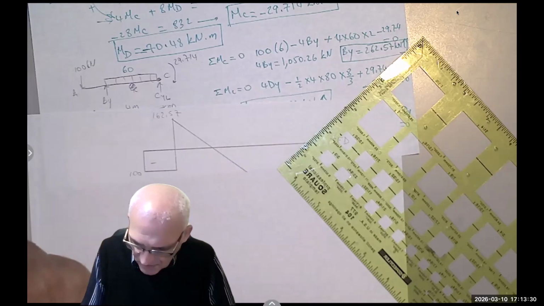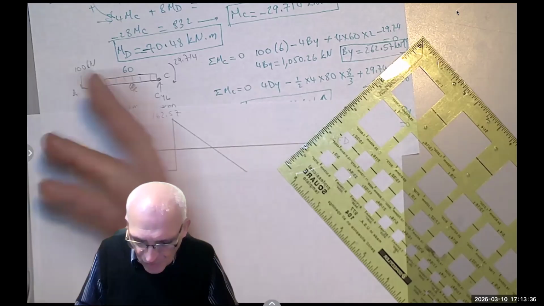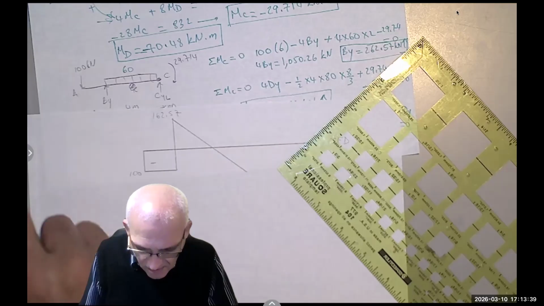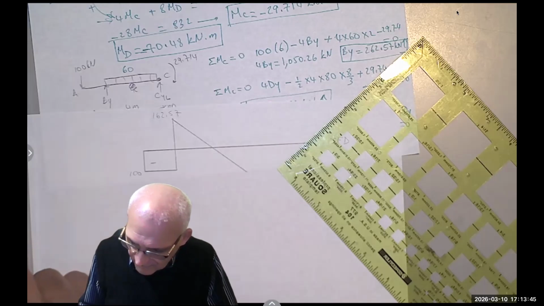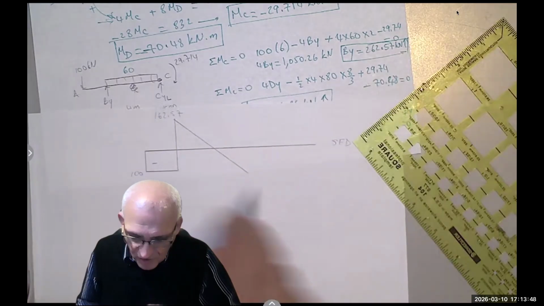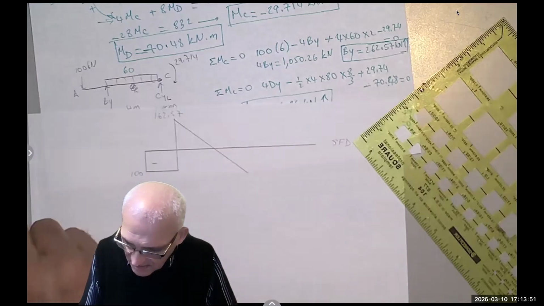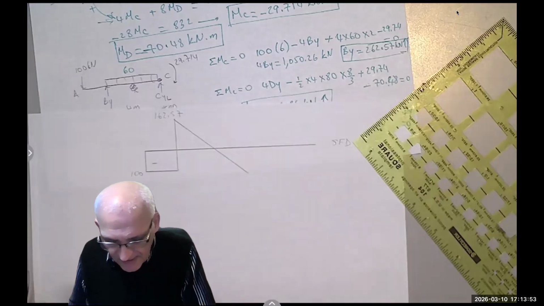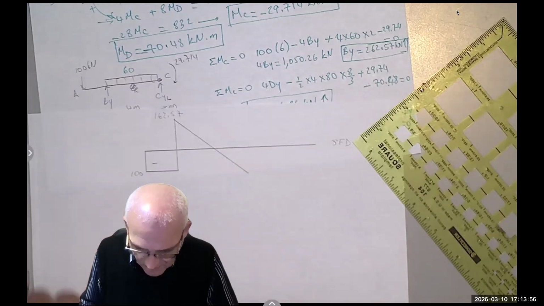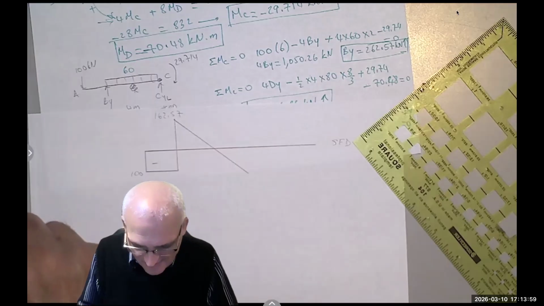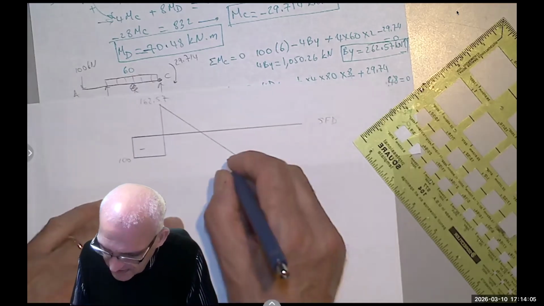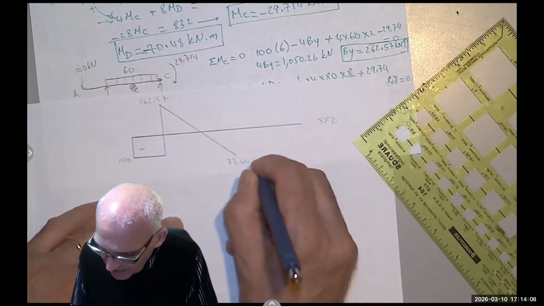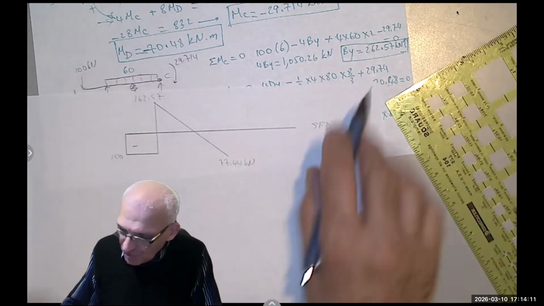It's 240, right? So if I say 240 minus, because I'm going down, so it's negative 240 plus 162, no, I said minus. I'm sorry, guys. What am I doing? 77.44 kilonewton.